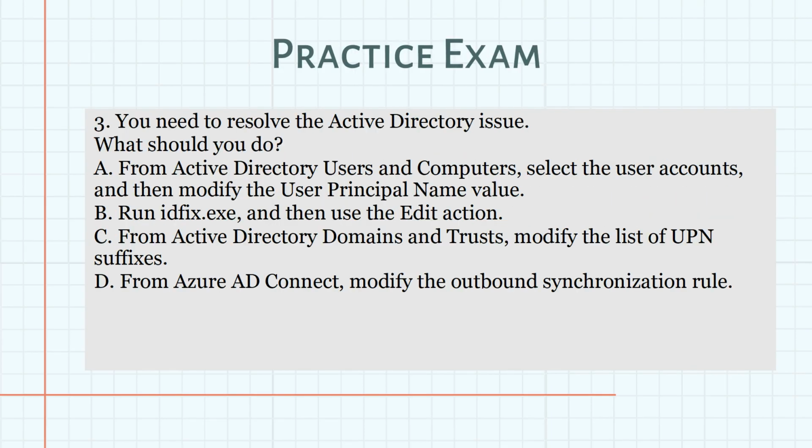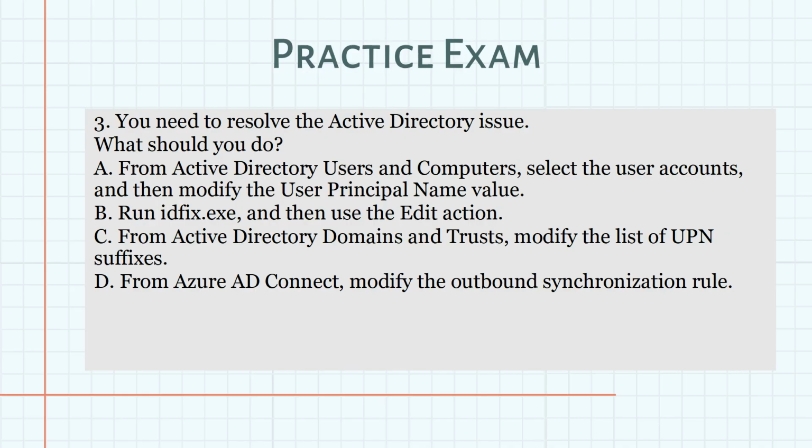3. You need to resolve the Active Directory issue. What should you do? A. From Active Directory Users and Computers, select the user accounts, and then modify the user principal name value. B. Run idfix.exe, and then use the edit action.